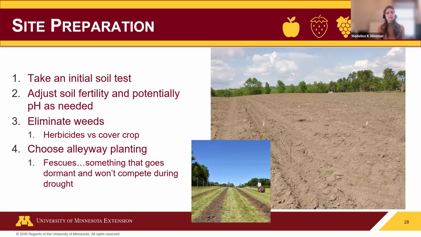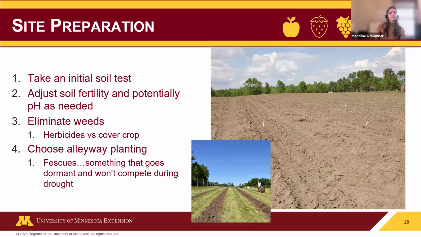This is a really great thing to invest your time into. And the weeds that you have on your site might depend on whether you're planting into something that was originally perennial, like a pasture, versus if you're planting over a field that was recently disturbed or had annuals planted in it. So knowing which weeds are your biggest problem and addressing them accordingly is going to be helpful.